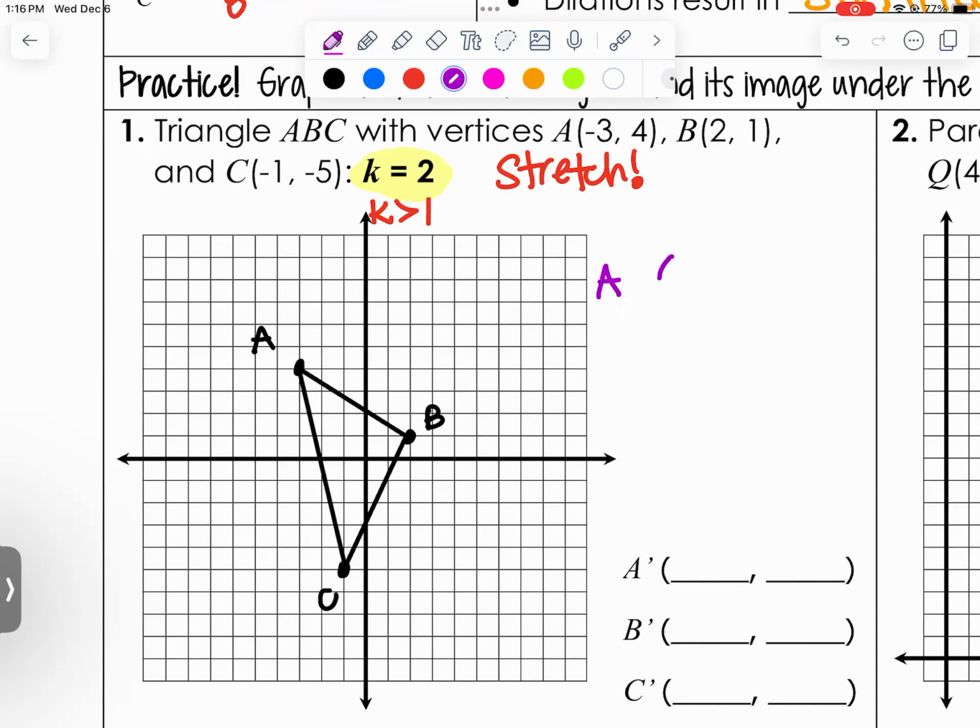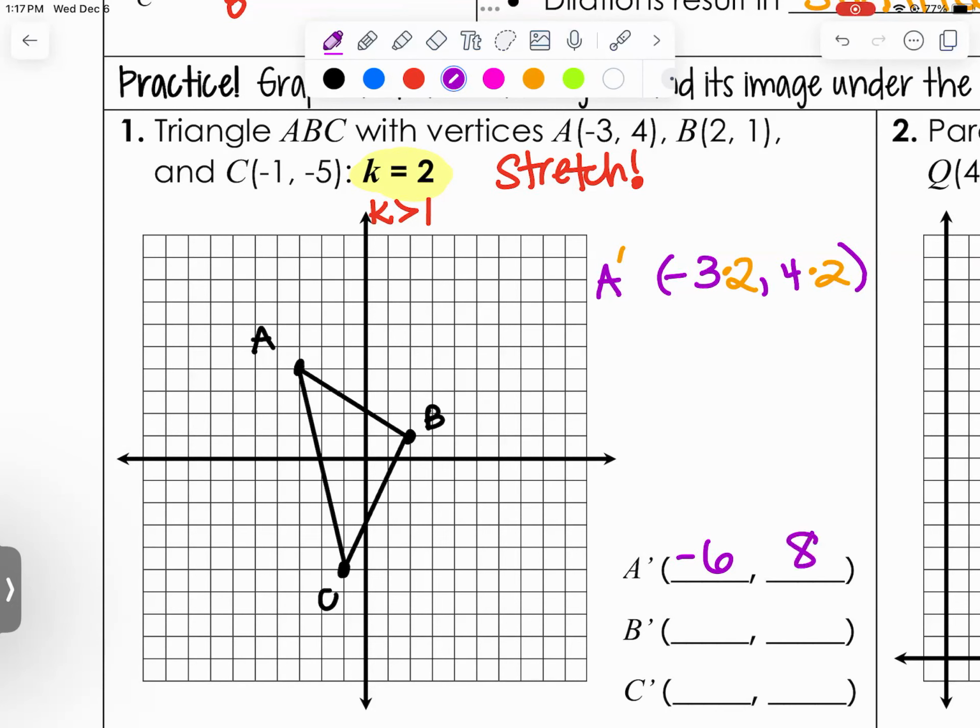So our A coordinate is (-3, 4). And since our scale factor is 2, to get A prime, we are going to take these numbers and multiply them by 2. Hey, Wes, what's -3 times 2? Hey, Peyton, what's 4 times 2?